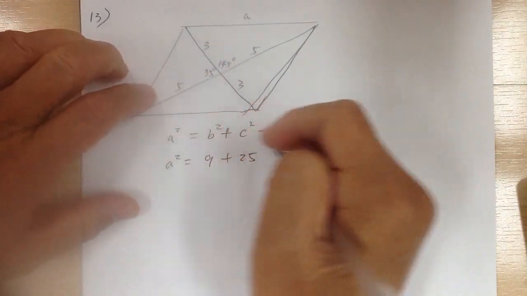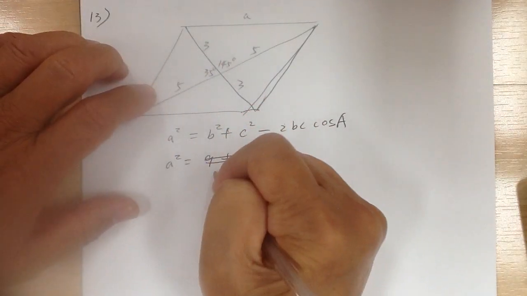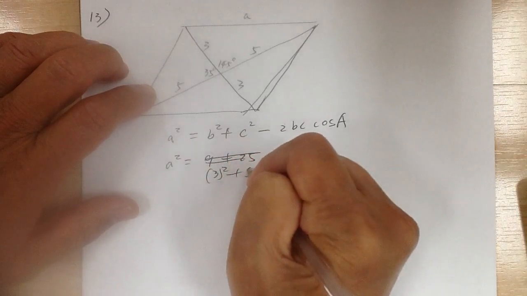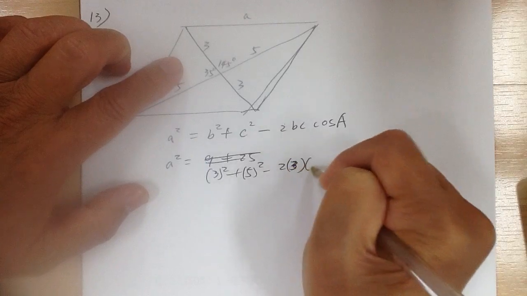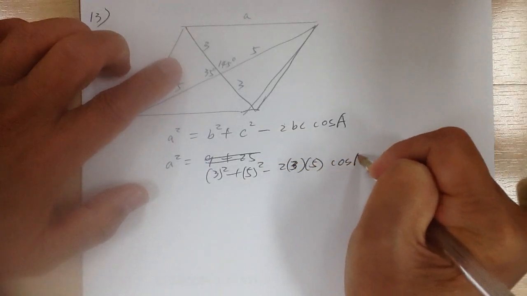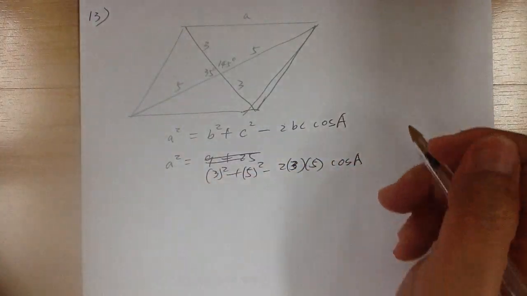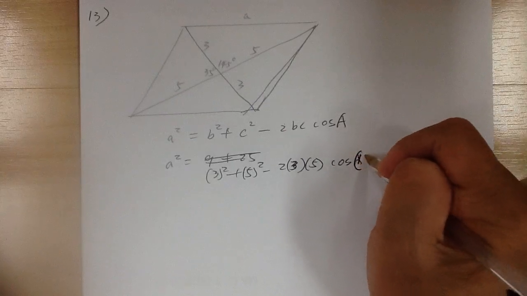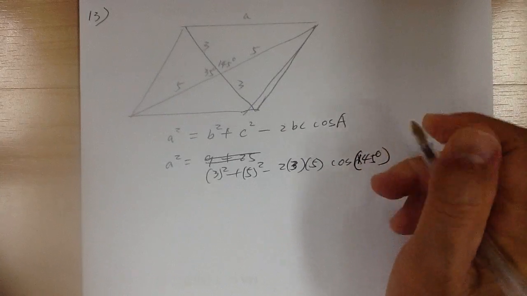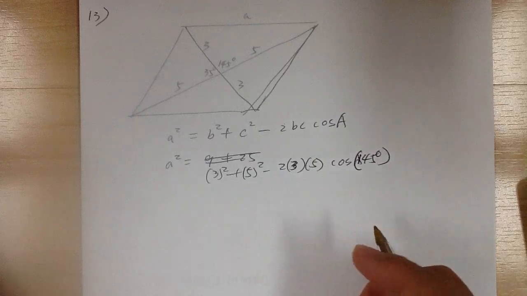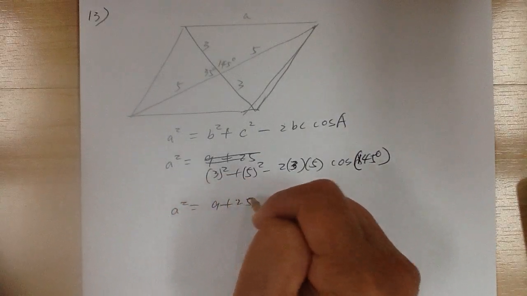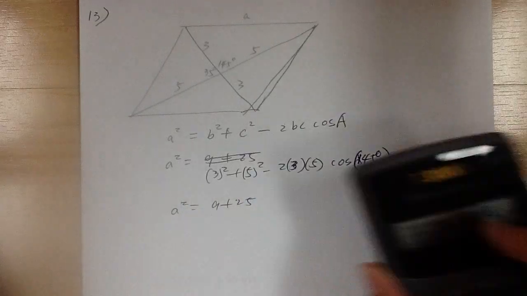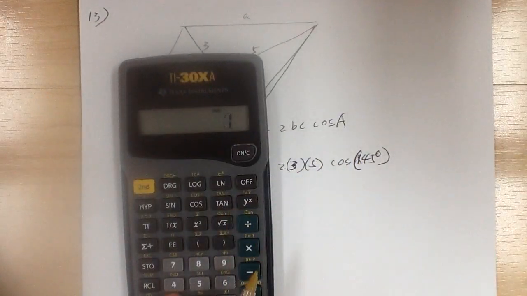You know that's okay. Let's not do that. Okay, let's not get lazy. Minus 2 times 3 times 5 cosine of 145 degrees. So A squared equal to 9 plus 25. Okay, let's work this out.